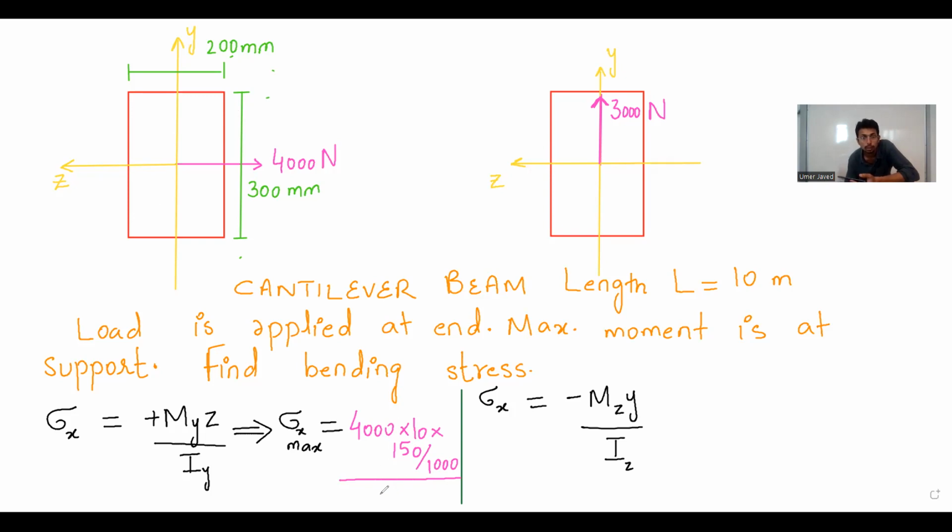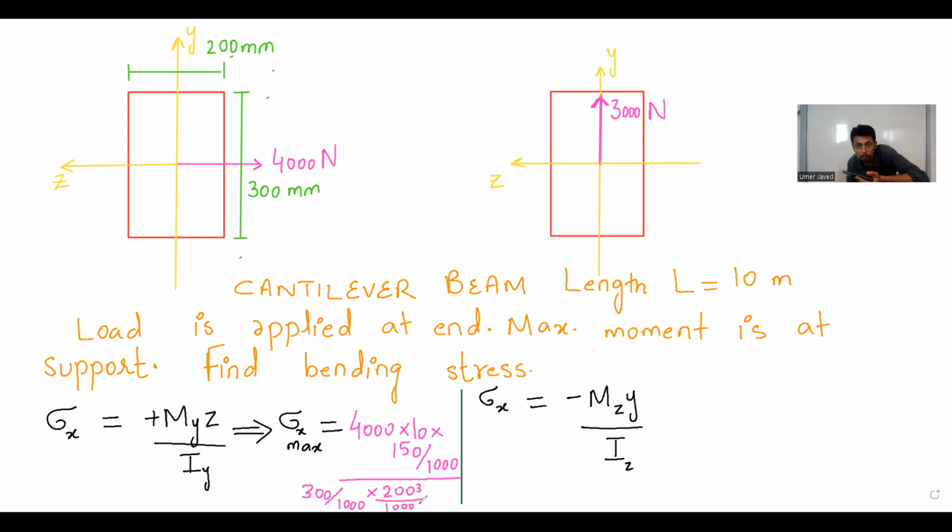The length of the beam is 10 meter. What is the moment of inertia? The Iyy will be base 300 into the height 200, BH cube by 12.